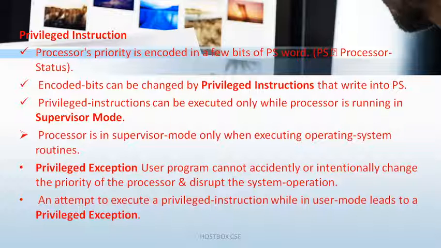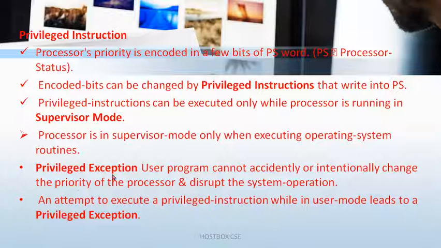And privileged exception. What is this one? A user program cannot accidentally or intentionally change the priority of the processor and disturb the system operation. An attempt to execute a privileged instruction while in user mode leads to a privileged exception. So here for privileged instructions, the process priority is already encoded with the help of the PS word, the process status register. We can't go and change anything.